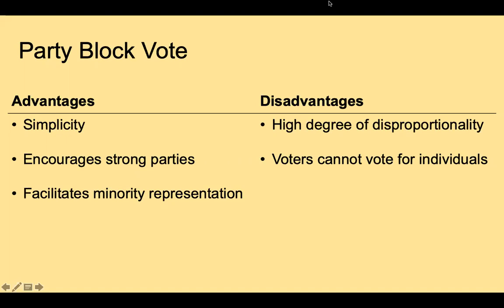In particular, it can lead to stealing and theft of state resources by party stalwarts who are basically under the influence of party leadership, who dangle seats in front of them in exchange for stealing from the state in positions as bureaucrats and in other roles. The party leadership benefits a great deal from the party block vote, even though it's still relatively simple, encourages strong parties, and can facilitate minority representation.